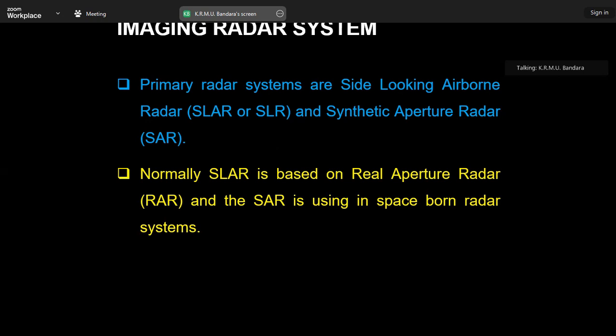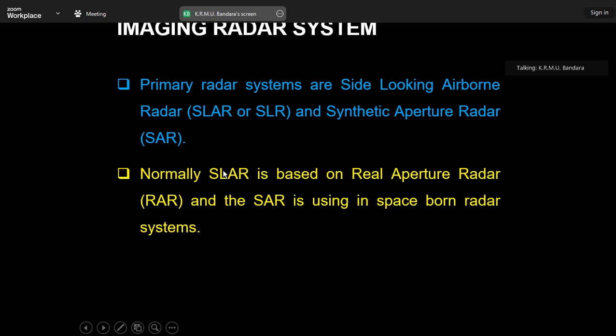One is the side-looking airborne radar, called SLAR, and the other is the synthetic aperture radar, called SAR. The special thing about the SLAR system is that it is side looking. The synthetic aperture radar is also side looking.